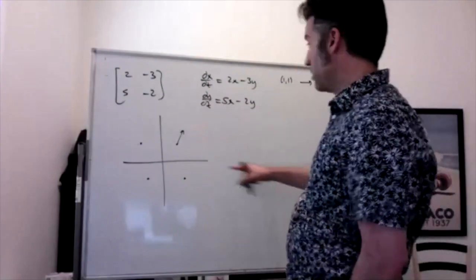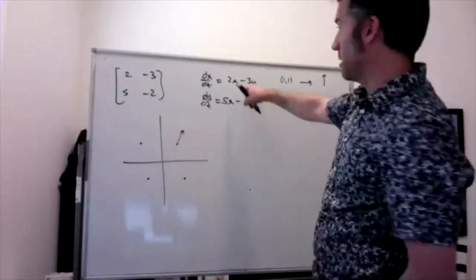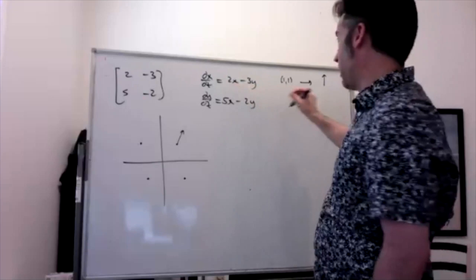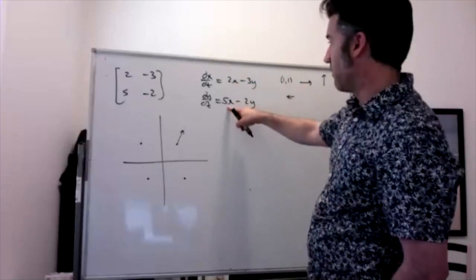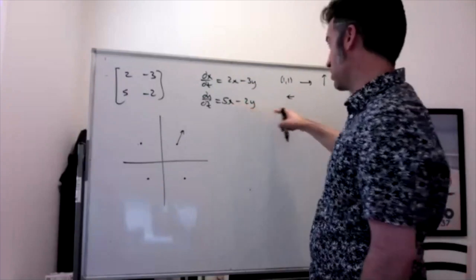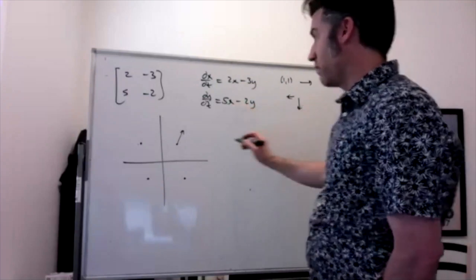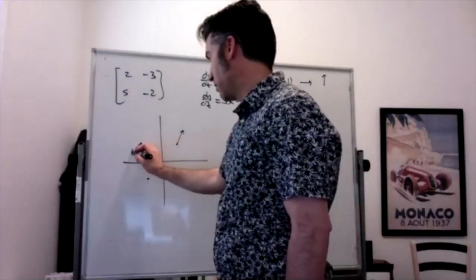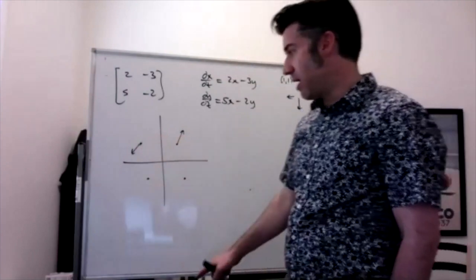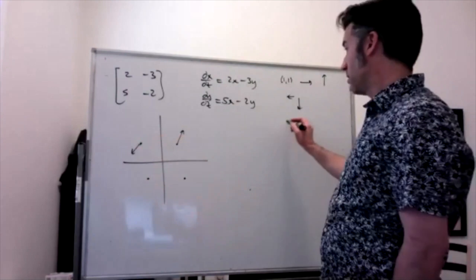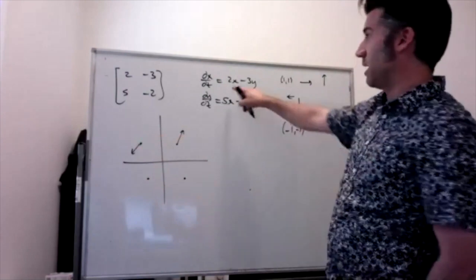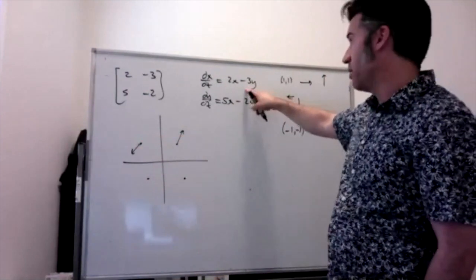And at (-1, 1), I'm going to get -2 minus 3, which is -5, so it's going to be going left, and -5 minus 2, which is -7, so left and down. So over here, it's going to be going that way. And then I bet down here, it's going to be going that way. Let's find out though.